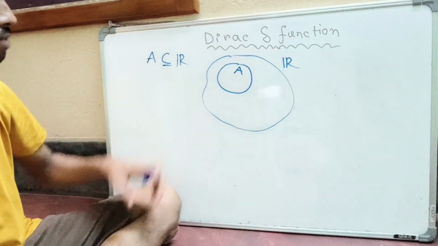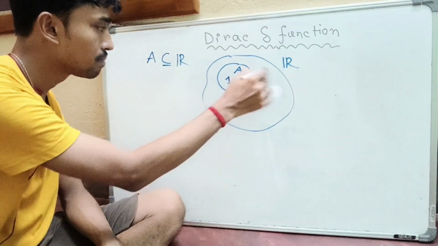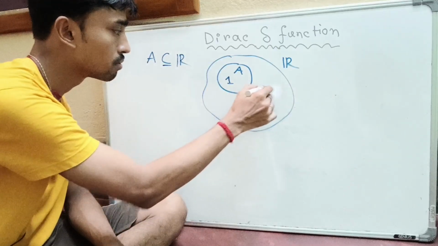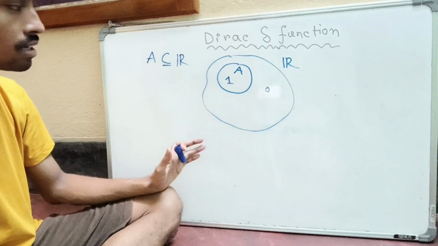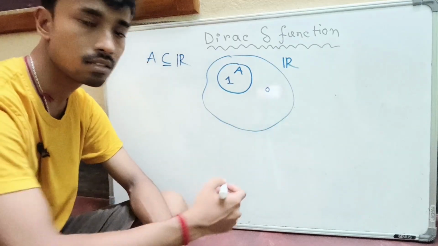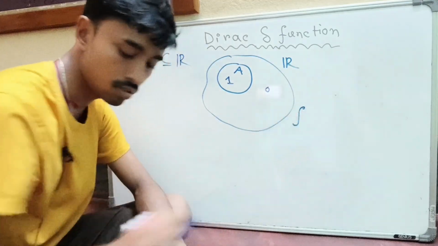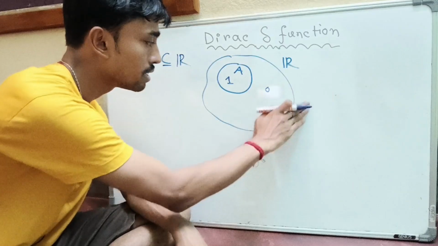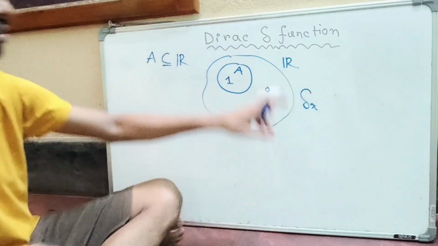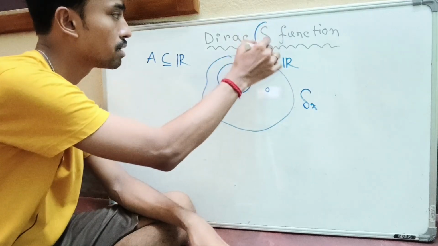The function defined over A is 1, and outside A, on the complement of A, it should be 0. Now you have a clear point of view of this function. I'm talking only about delta.